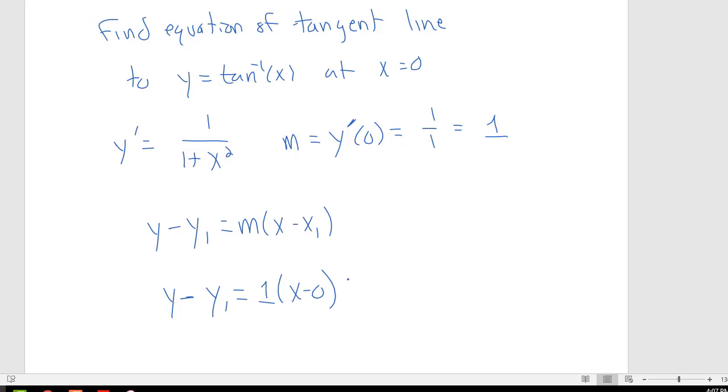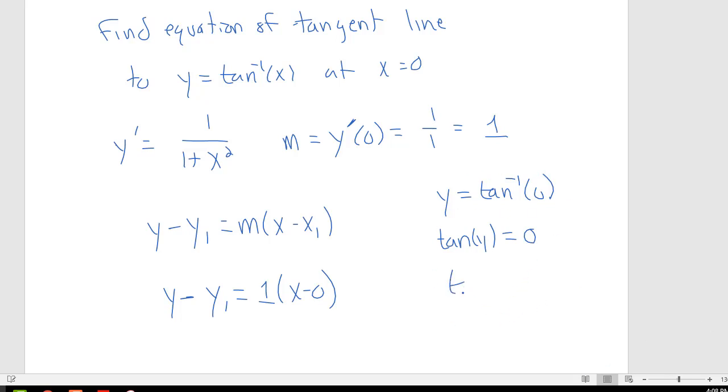So what is the y1? Our equation was inverse tangent of x. So my y is inverse tangent of 0. In other words, what do I take the tangent of to get 0? I could look on a unit circle and answer that question. I could use my calculator to answer that question, and we're going to find out that this is 0.